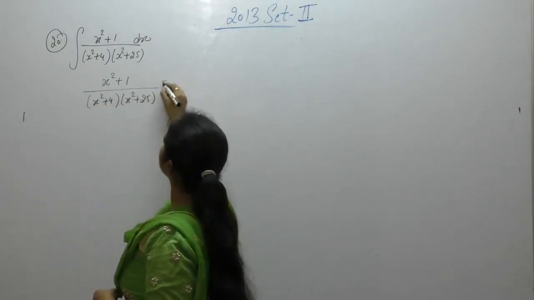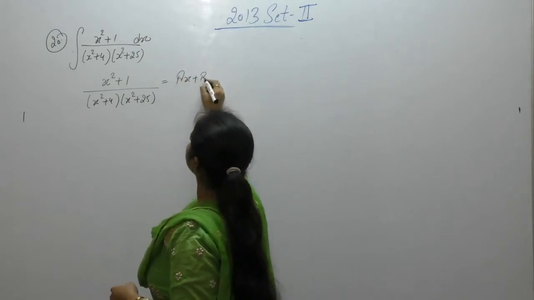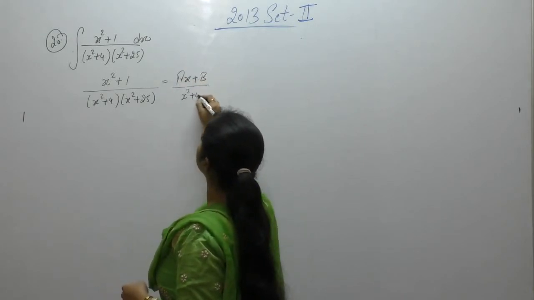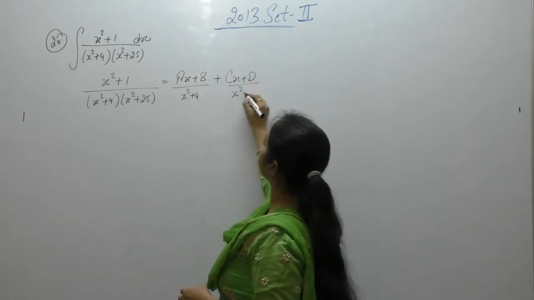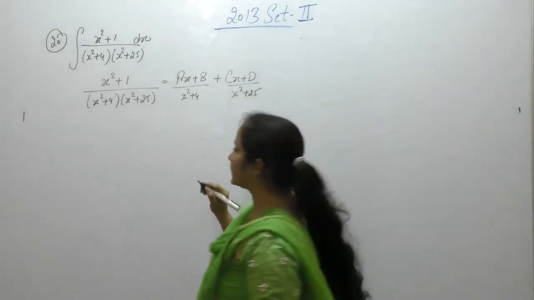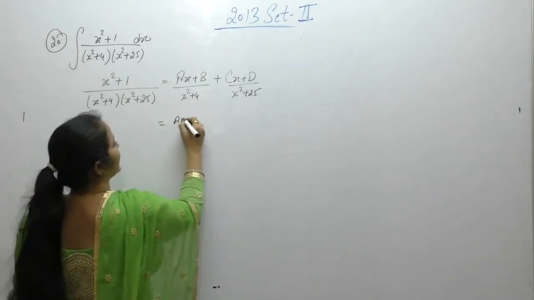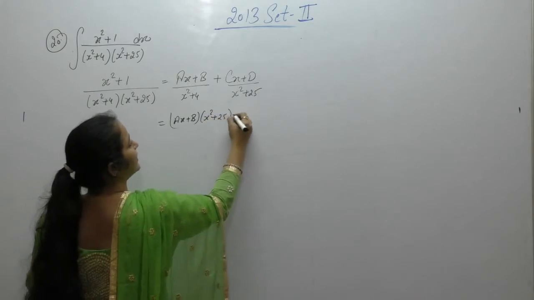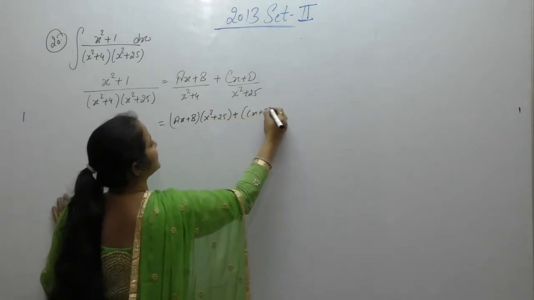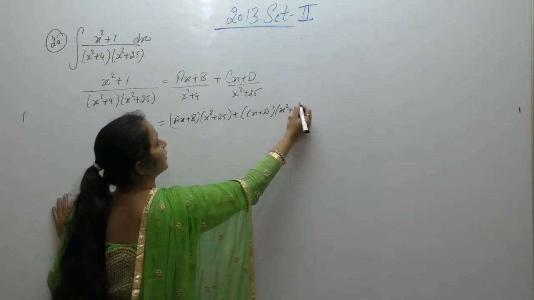this is equals to ax plus b upon first factor plus cx plus d upon second factor. Take the LCM now. Ax plus b into x square plus 25 plus cx plus d into x square plus 4.